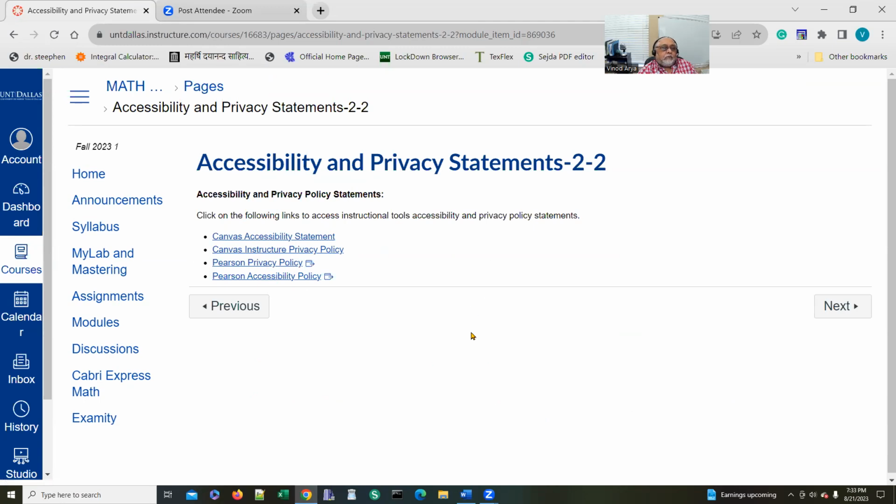Now, one thing you should notice as we progress through the description of the Canvas course and tools and other resources that are available is that sometimes the material is duplicated, and that is done on purpose.